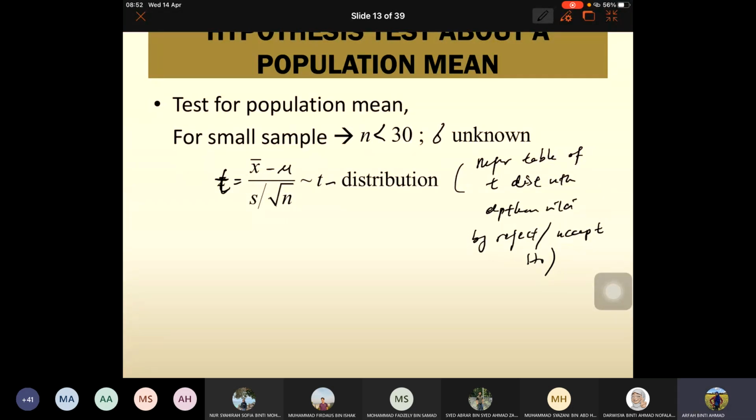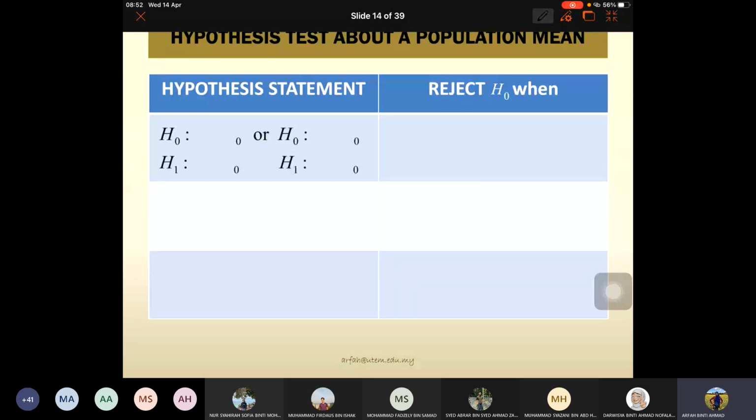So, kita tengok dia punya hypothesis statement. For this case, if you want to set mu equal to mu naught versus an alternative mu less than mu naught, meaning that we want to test adakah mean dia sama dengan satu population value, versus the alternative lebih kecil.